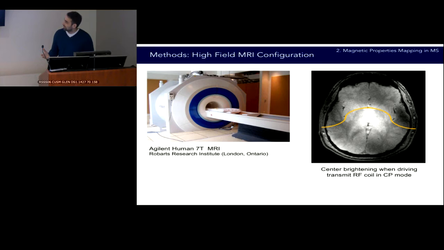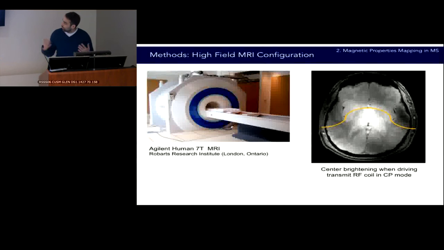And these occur because as you go up in magnetic field strength, the wavelength of your transmitted RF field, which you use to excite the signal, is much shorter. So you see this wavelength effect, which is literally the wavelength of the radio frequency field being shorter and more spin excitation occurring in the center of the brain.